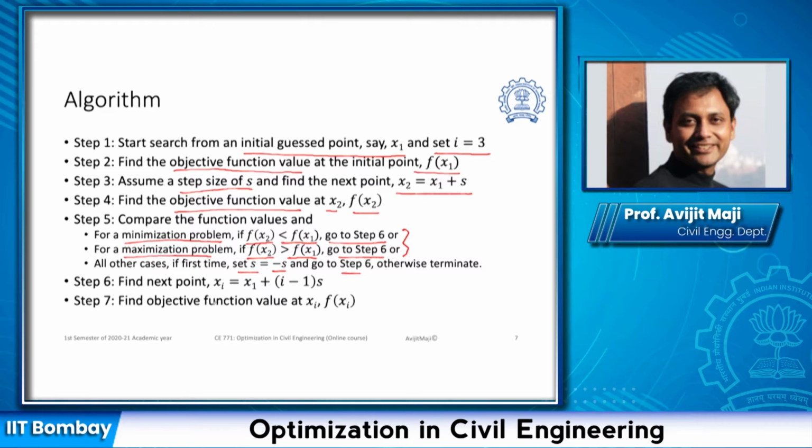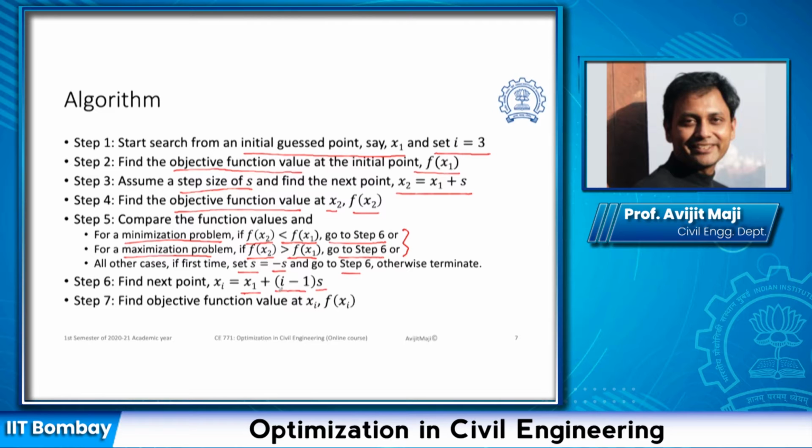So let us look into what happens in step 6. So this is the point where we know our direction, we also know our start point, and we also know our step size. So in this direction, we want to find points with respect to the initial guess point using the criteria of the step size and using the criteria of my iteration.